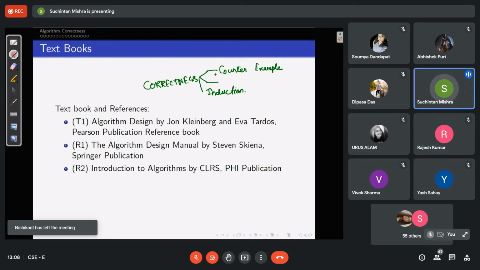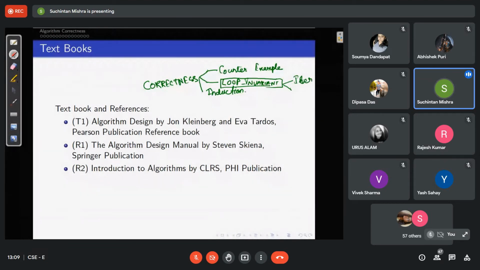The second thing after the counter examples is proof by the loop invariant method. This is a very difficult method. I have already told this to you. But the loop invariant method, nevertheless, is one of the methods that is used to prove the correctness of algorithms that basically use the concept of iteration.